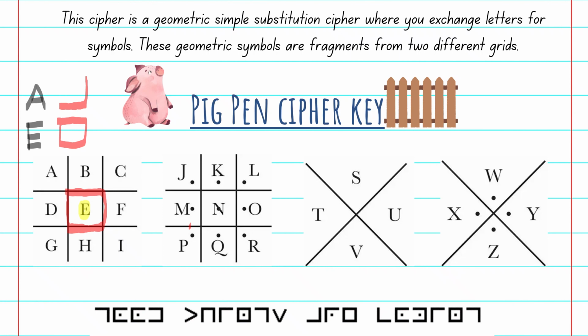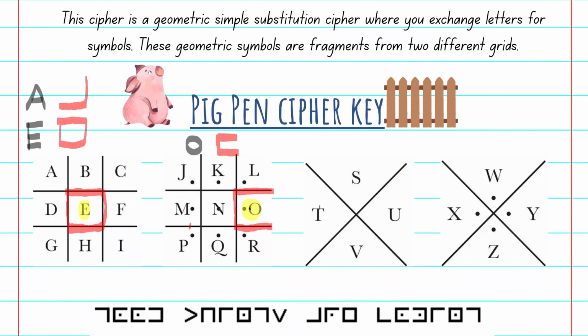Now, for the next tic-tac-toe grid, let's use letter O. Letter O, the geometric shape that surrounds O would be this one right here. So the letter O would be this geometric shape, which looks like a C. Let's go ahead and try the next one, which is the X grid.